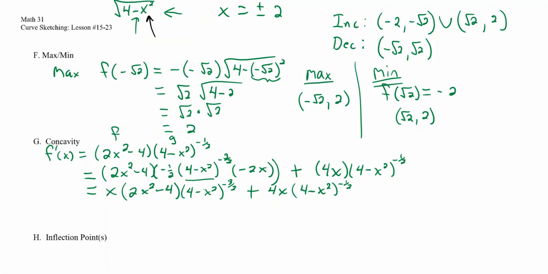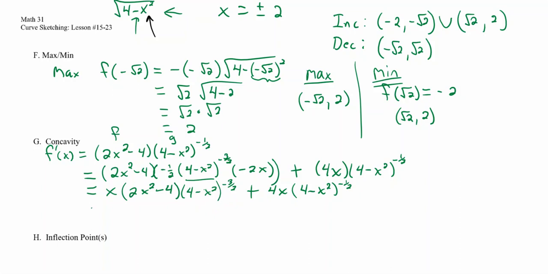All right, now I'm going to do my little technique of factoring out. Let's look at what we've got to factor out. We've got x, common to both. The 2x squared minus 4 isn't, but I've got 4 minus x squared in this one and this one. And here's the trick. I'm going to factor out the one with the lowest exponent, and then magic's going to happen.